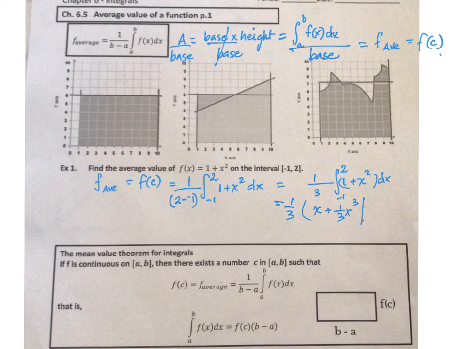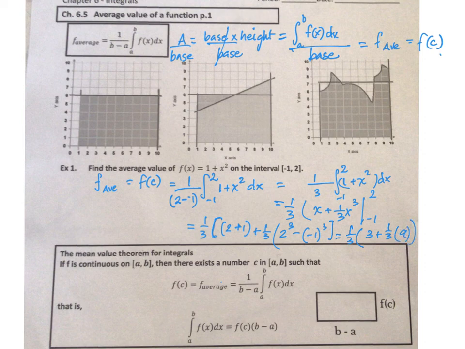We evaluate this from -1 to 2, which equals 1/3 times 2 minus -1, which is 2 plus 1, plus 1/3 times 2 to the third minus -1 to the third, which equals 1/3 times 3 plus 1/3 times 9. 2 to the third is 8, minus -1 is plus 1, so 8 plus 1 is 9.